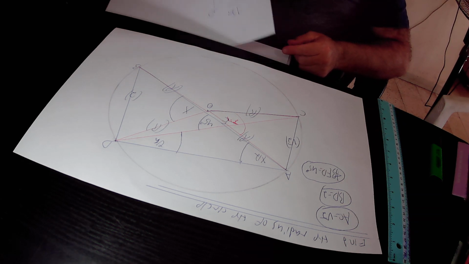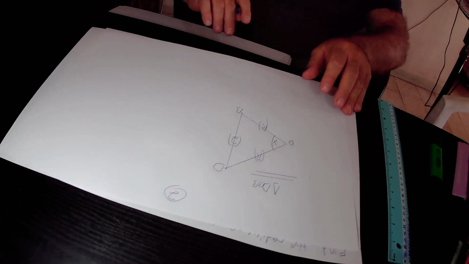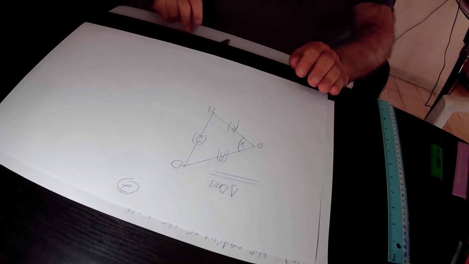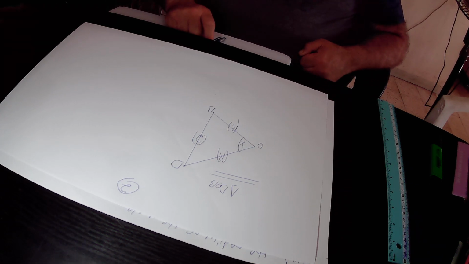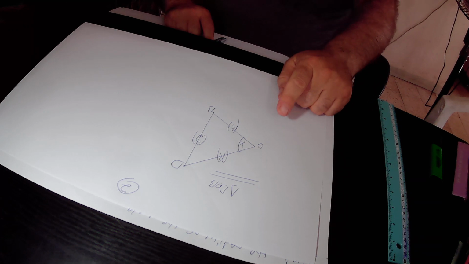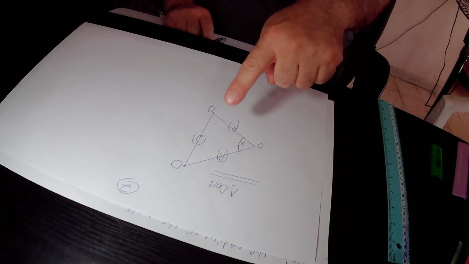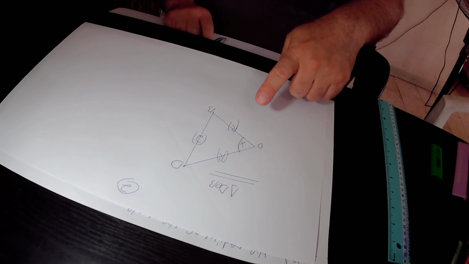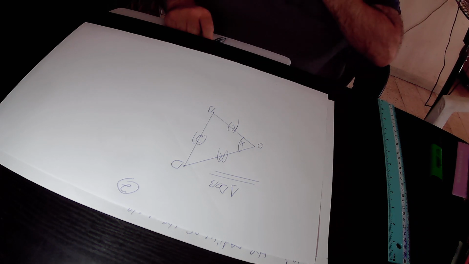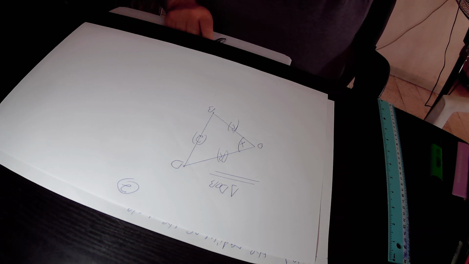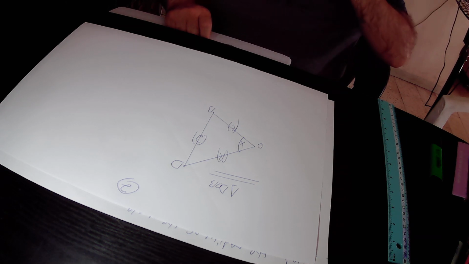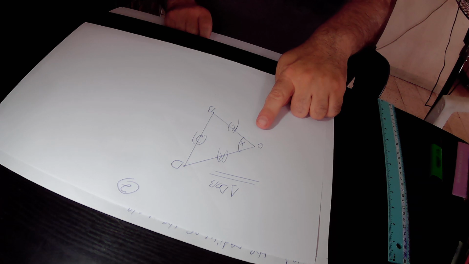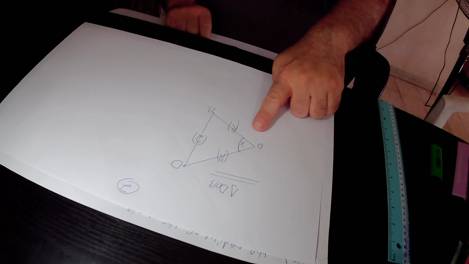So this is triangle DOB, drawn from the original drawing. In this triangle DOB, sides OB and OD are both radii of the circle, equal to R, and side DB equals 2 units, as given in the question. And this is angle BOD, that is equal to x.